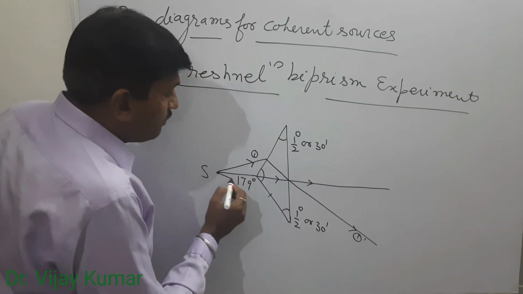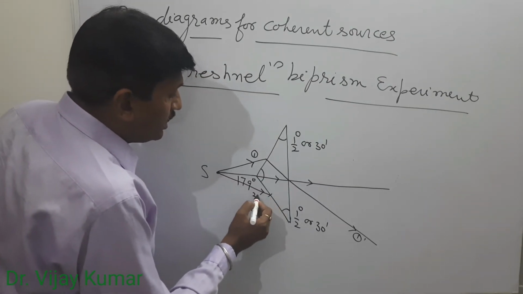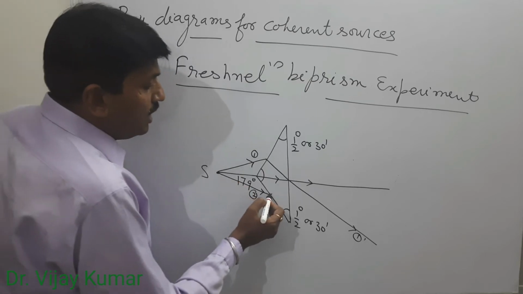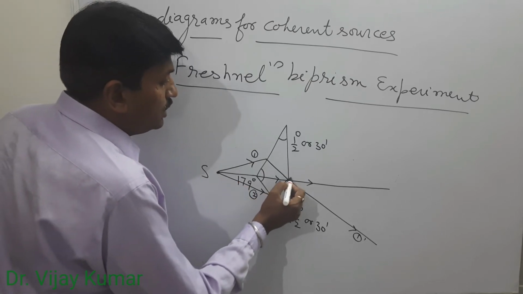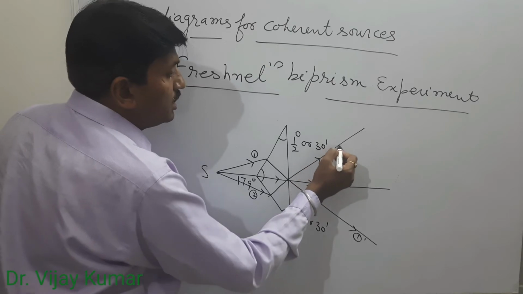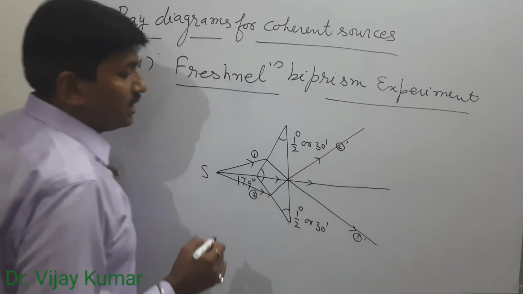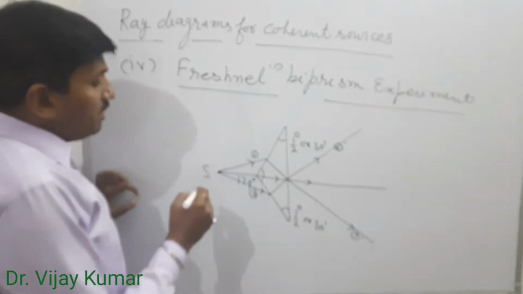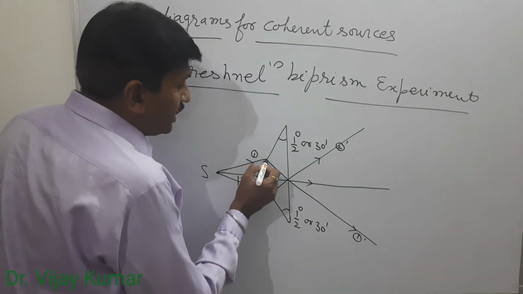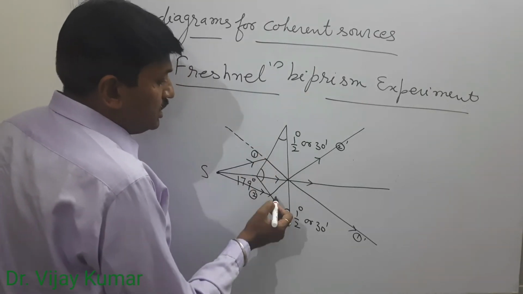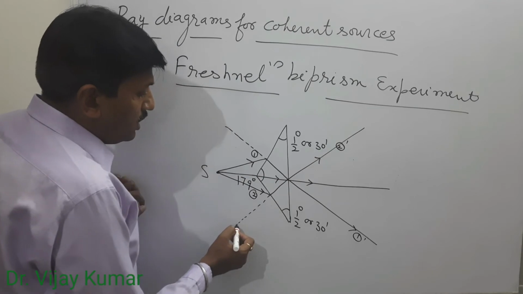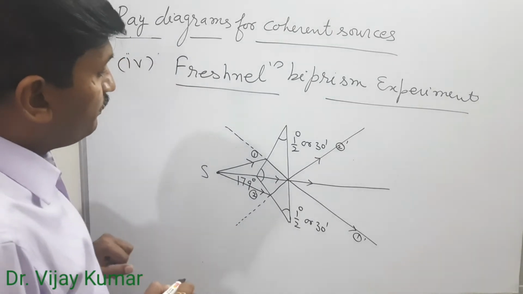Similarly, we can take a second incident ray, and it should pass through this point, giving the second refracted ray. Similarly, we can extend these refracted rays in the reverse direction.